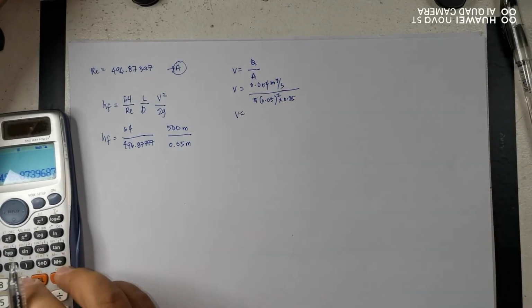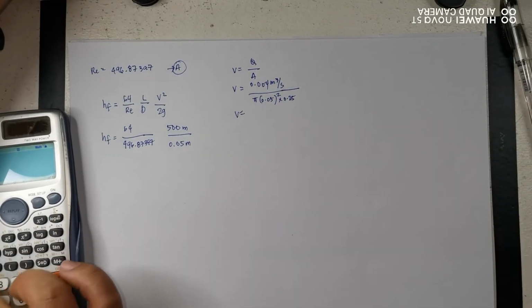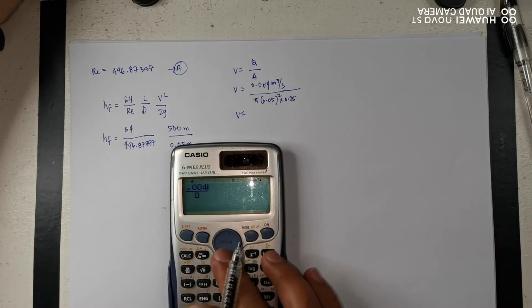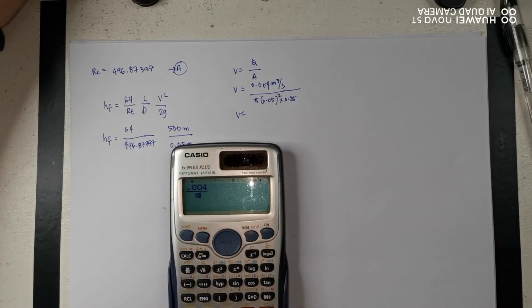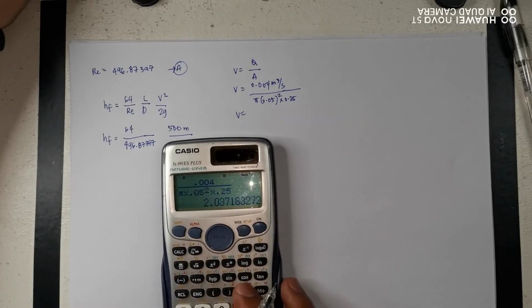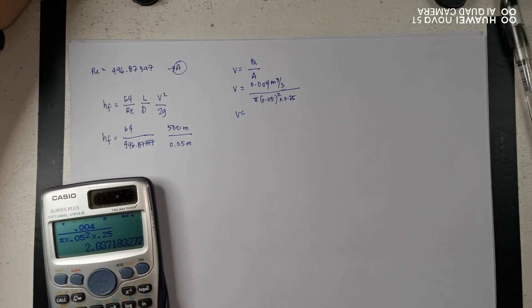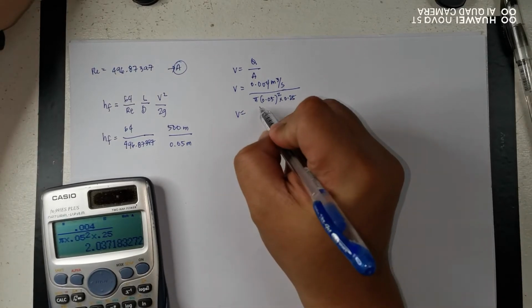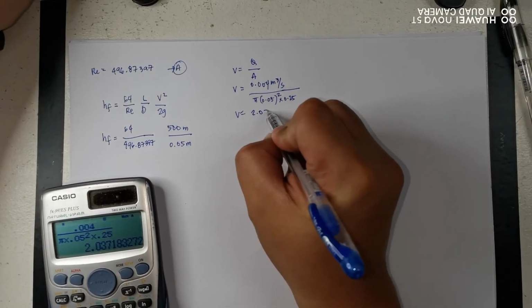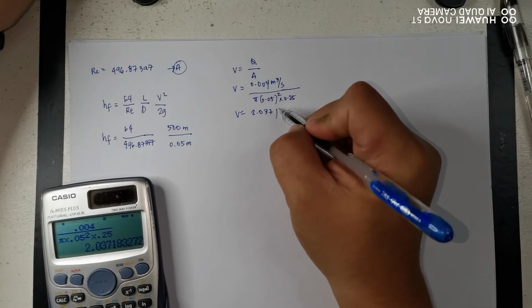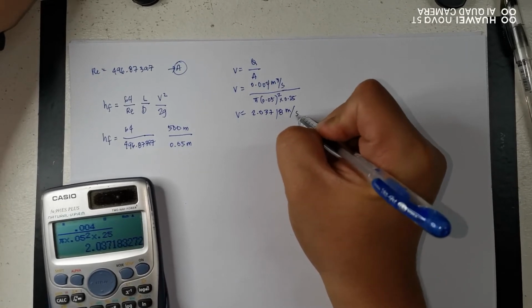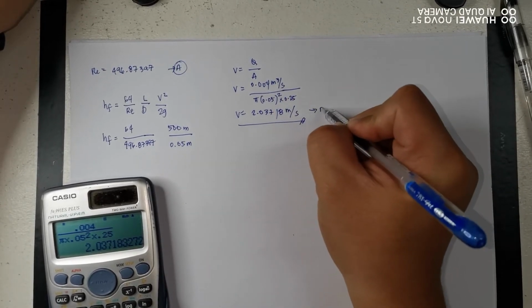V is equal to 0.004 times pi times 0.05 squared times 0.25 gives us 2.0371 8 meters per second. So store natin to sa B.